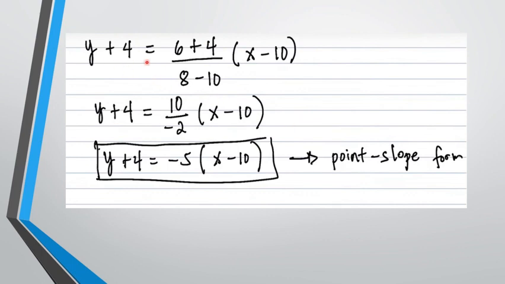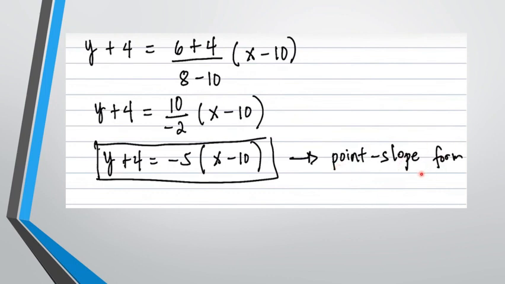Y plus 4 equals 10 divided by -2, which equals -5, times x minus 10. This equation, you can consider as the final point-slope form.